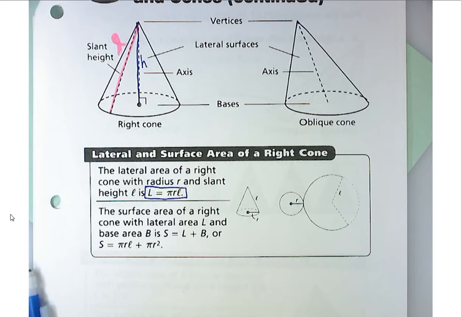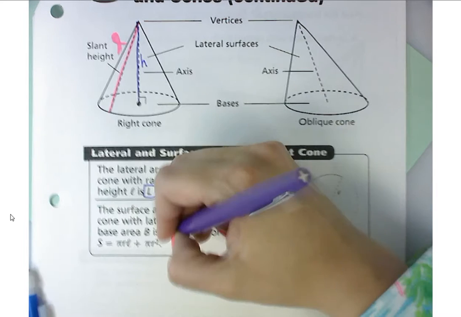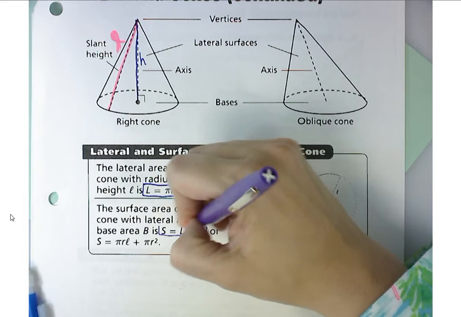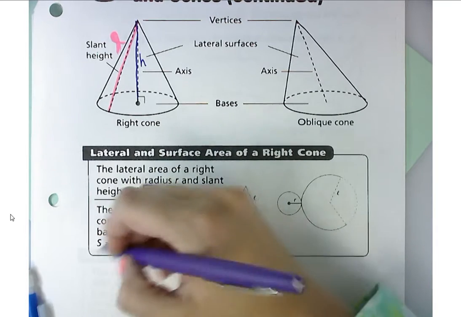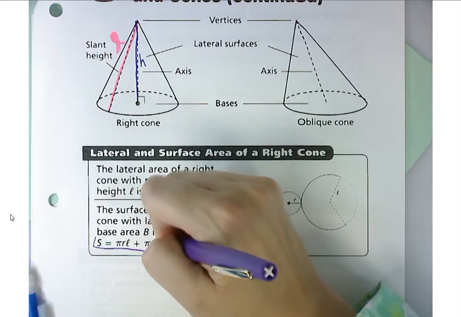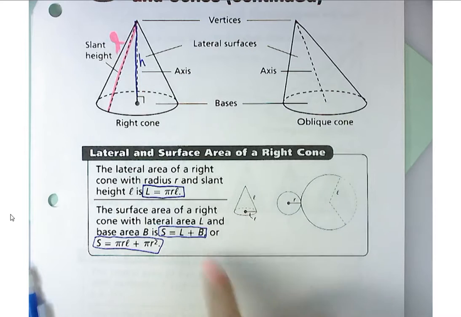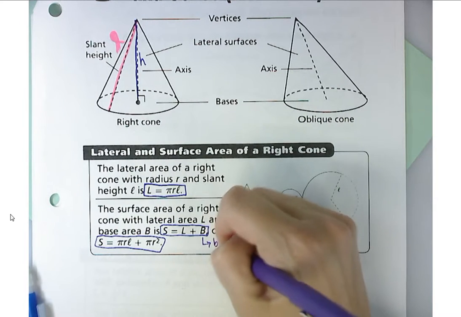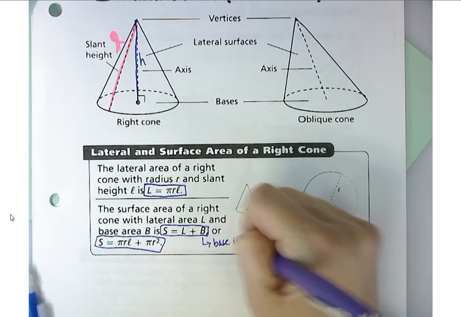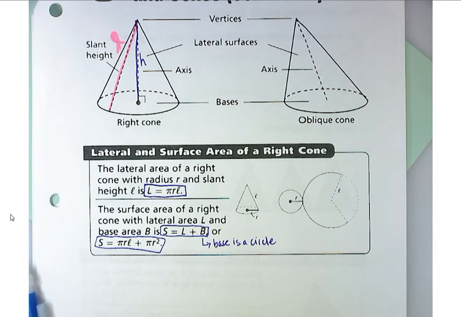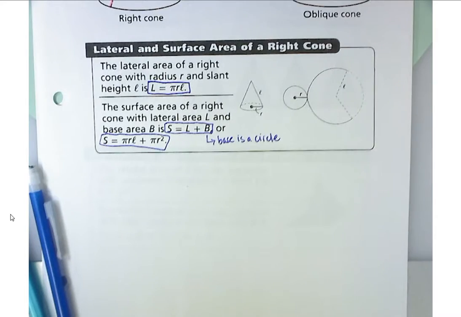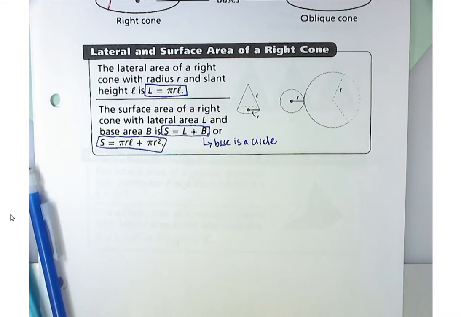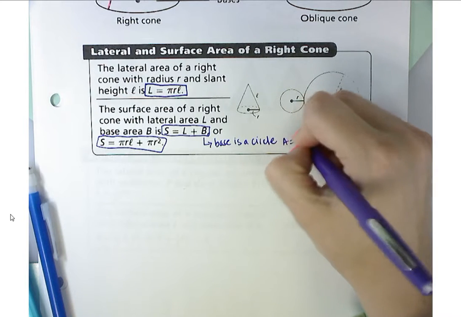And then for the surface area, remember it's still the lateral area plus the area of the base. So the area for the base, since the base is a circle, we know that pi r squared is going to go in for the area of the base. So your area is pi r squared there.